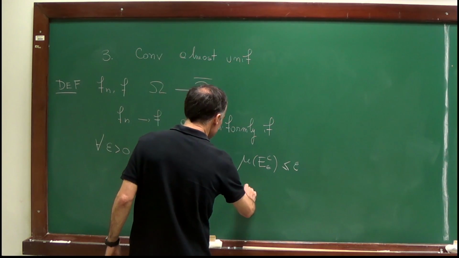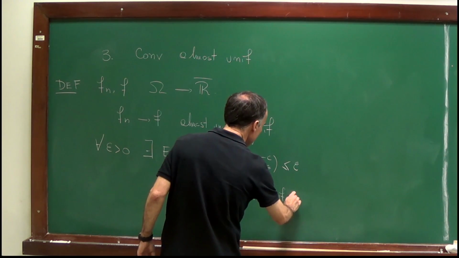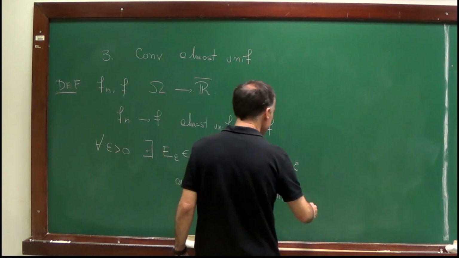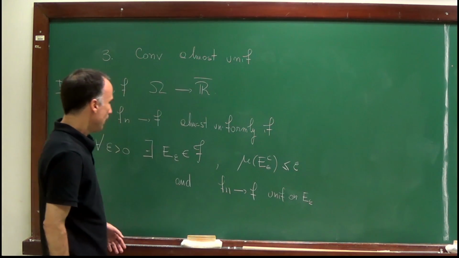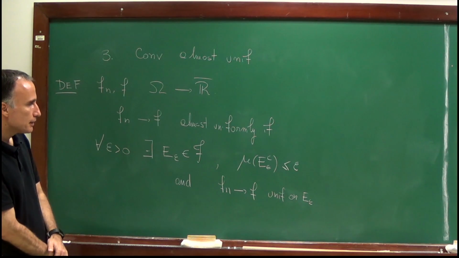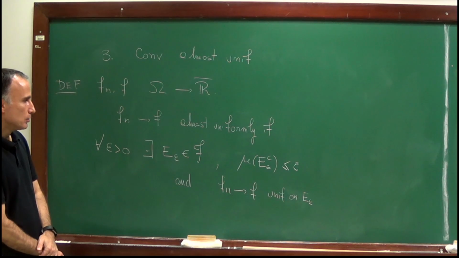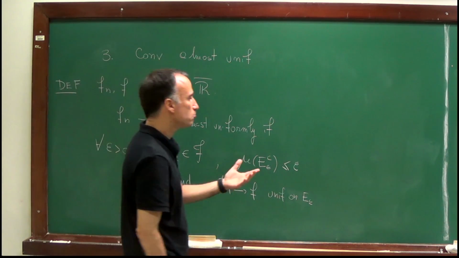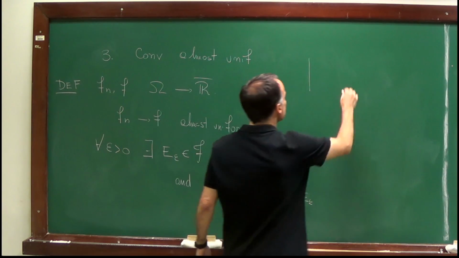fn converges to f uniformly on E epsilon. And this is tailor made in order to include the previous example.